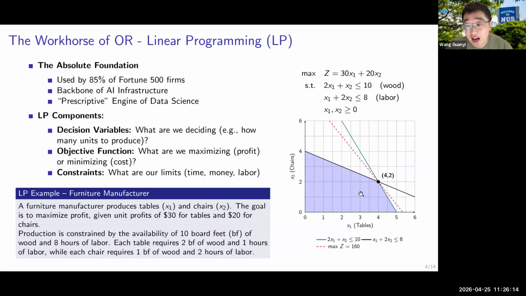Okay, and now you might see that we also have a dashed red line in this figure. It is a very interesting part, one of the best illustrations that I would like to show my students in our OR courses.